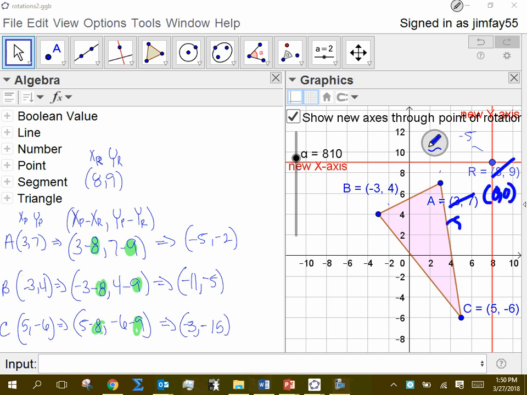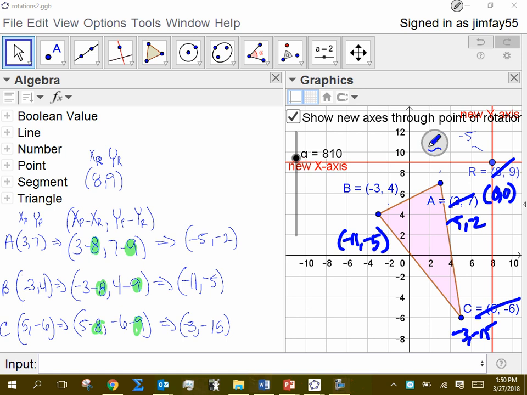So this would be negative 5, negative 2. We would call this one negative 3, negative 15. And we call this one negative 11, negative 5. That is so much quicker than counting left and right, up and down. Does that make sense?